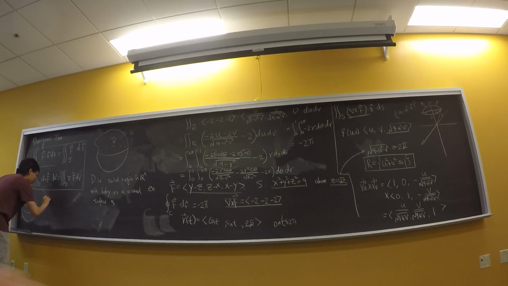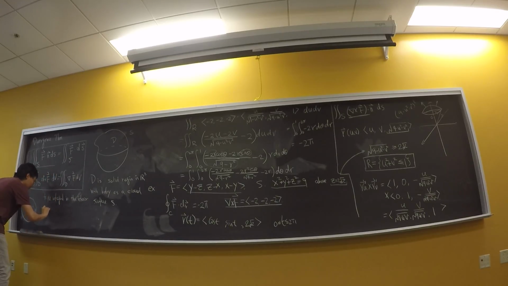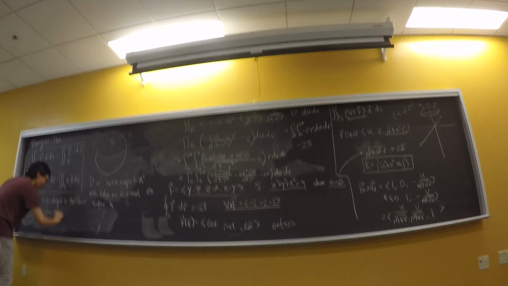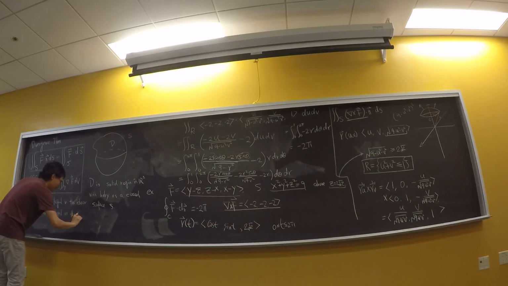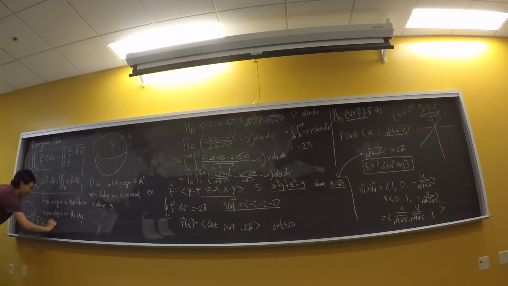The triple integral in the interior equals the surface integral on the boundary, which is our fundamental theorem of calculus version 2 in R3. So two versions in R2, two versions in R3.